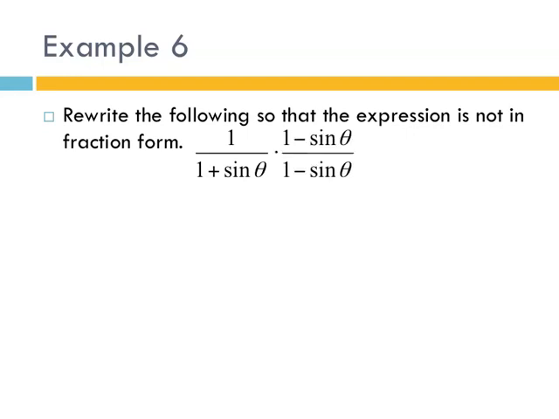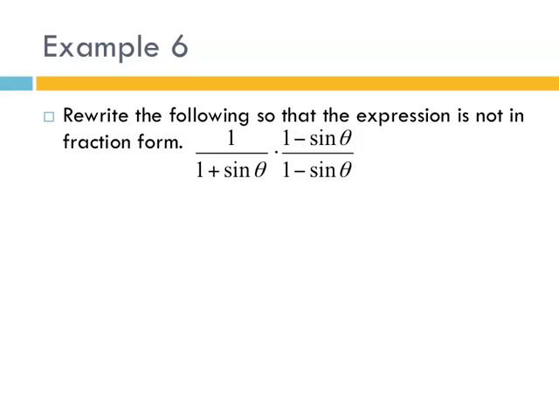Now how does that help us? Well, if you look at the denominator, if we multiply by 1 minus sine theta, we'll be left with 1 minus sine squared theta. 1 minus sine squared theta can be simplified down to just one term, and when we have it down to one term, it'll be easier for us to simplify it so that there's no fraction remaining.